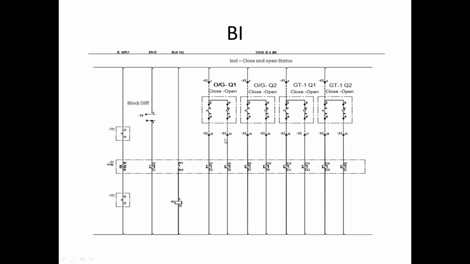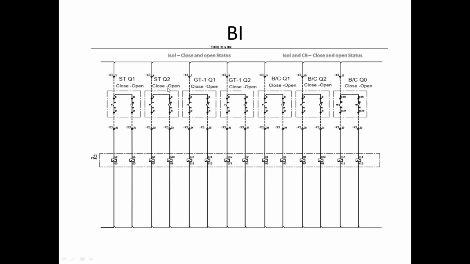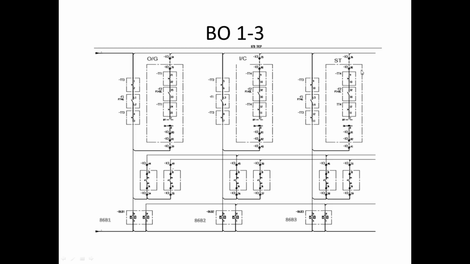Q1 represents the bus A connecting isolator, Q2 represents the bus B connecting isolator. Like this we have for all feeders, but for bus coupler we have isolator and breaker also. These are the inputs we are going to configure in the relay.